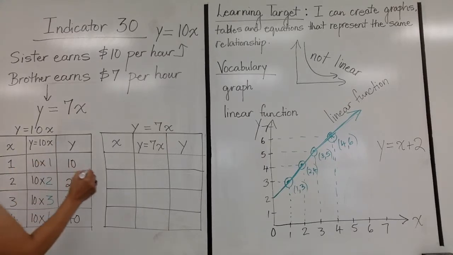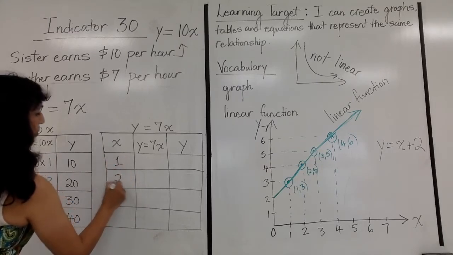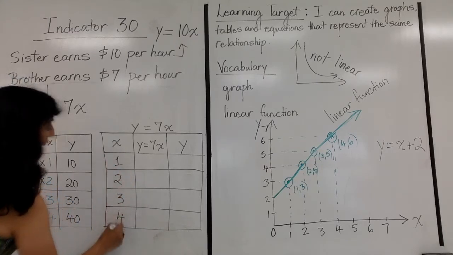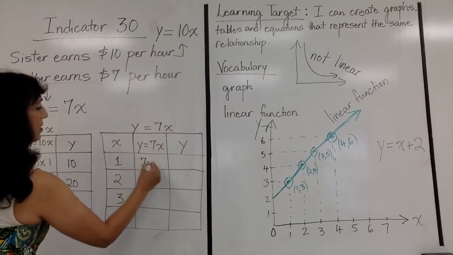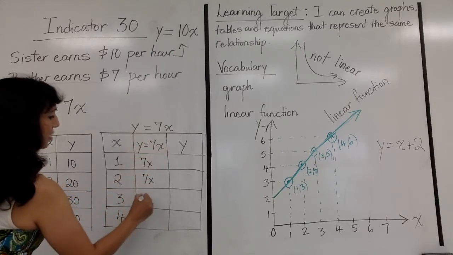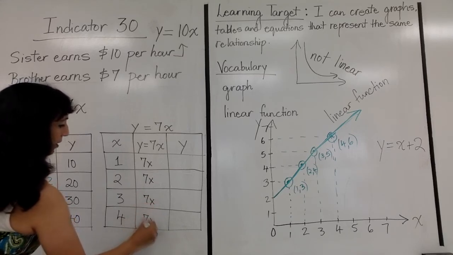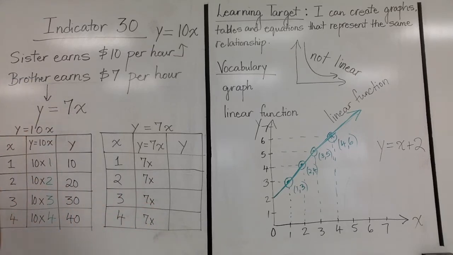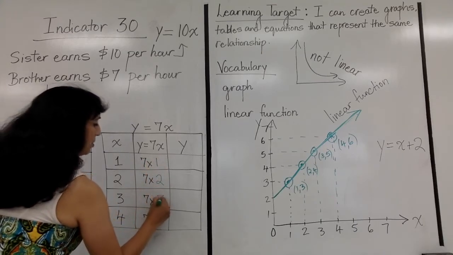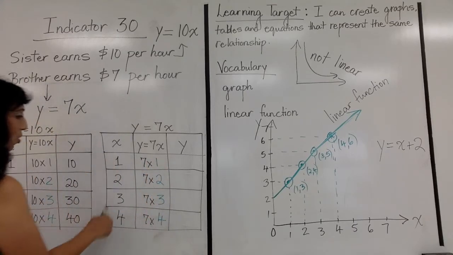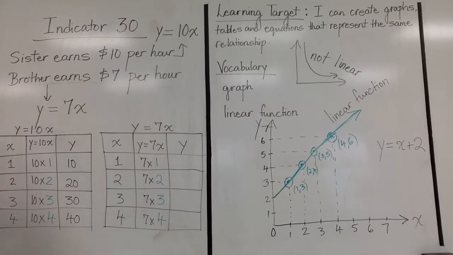Okay? So let's do the same thing here. 1 hour, 2 hours, 3 hours, 4 hours. And my rule is 7 times x. So I'm just going to write 7 times because that x is changing. All right, so times 1, times 2, times 3, times 4, because that's what x is.